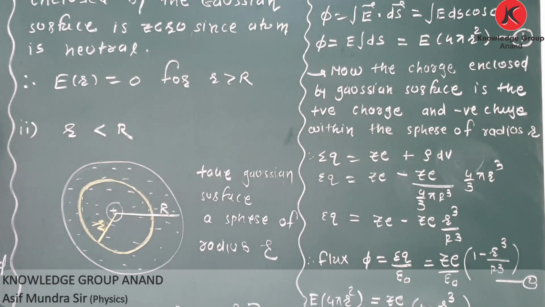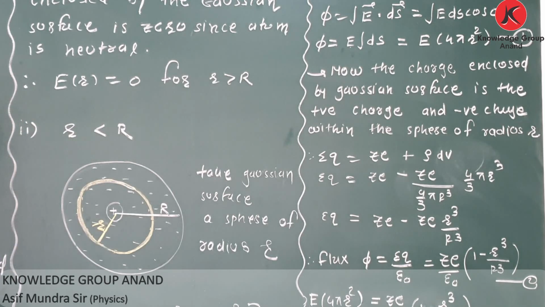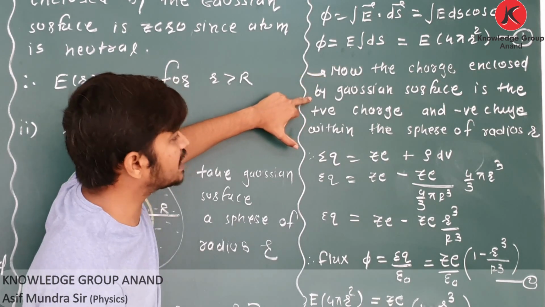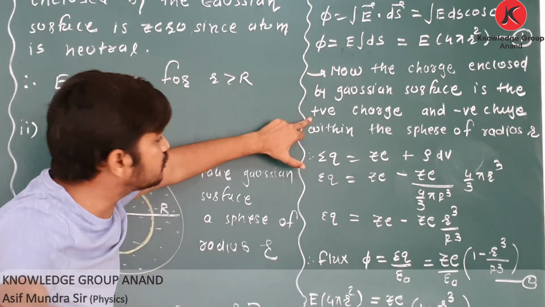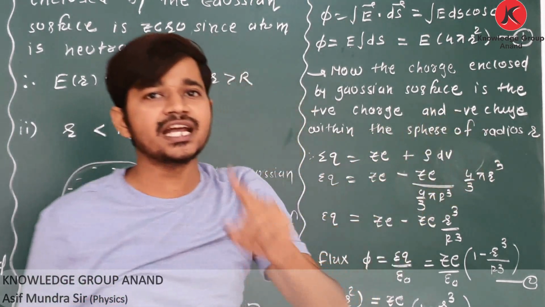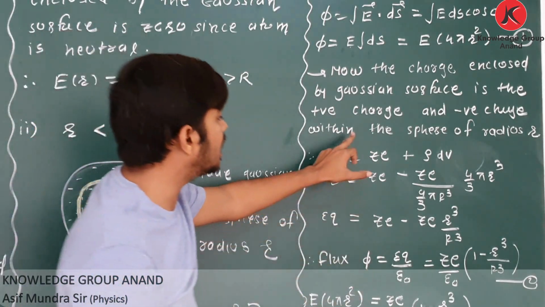No. The negative charge is enclosed only up to radius small r. So the charge enclosed by the Gaussian surface is the total positive charge, and the negative charge within the sphere of radius r.